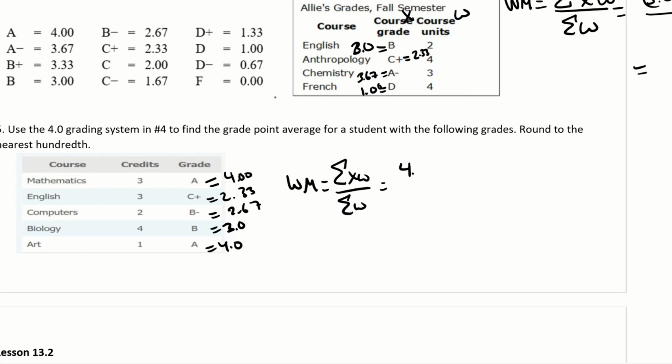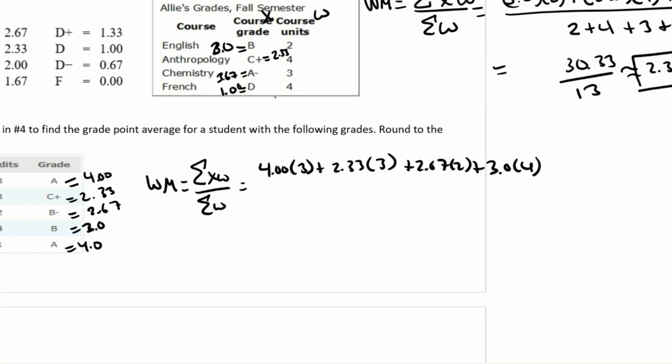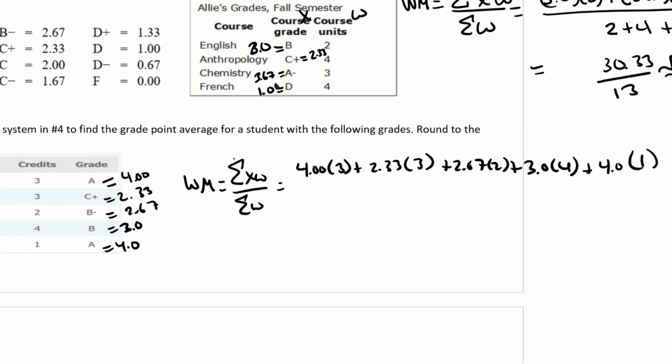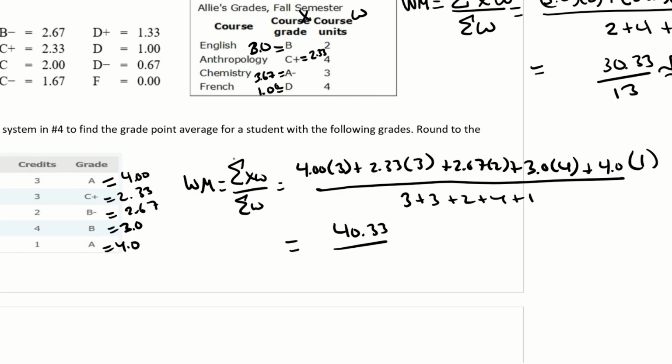We take the score, 4.00 times 3, 2.33 times 3, 2.67 times 2, 3.0 times 4, and 4.0 times 1 credit. Then add the credits together. That will give you 40.33 divided by 13 credits, so the average GPA is 3.10.